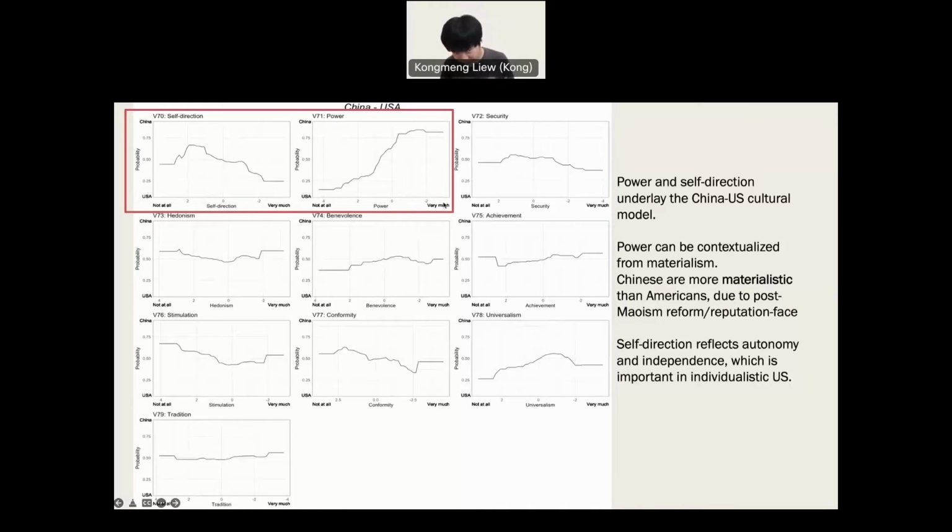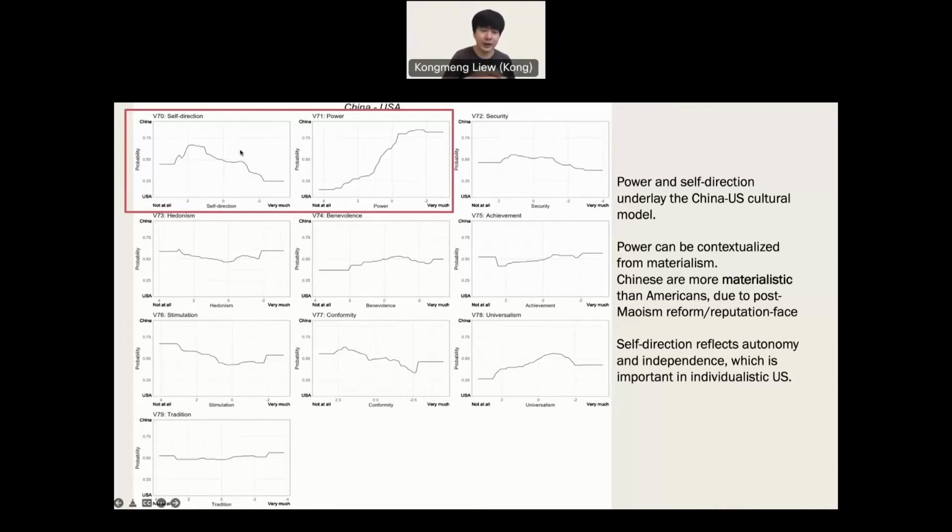And again, this kind of makes sense in a different way from the US-Japan comparisons, because if we assume power to be materialism, we have a lot of previous literature to show that Chinese, especially at this point in time when the survey was taken, tended to be more materialistic than Americans, and this has a lot to do with post-Maoist reforms and reputations of faith in collectivism and interdependence.